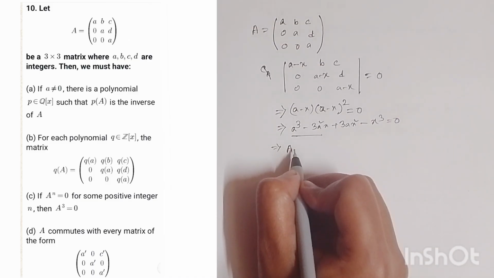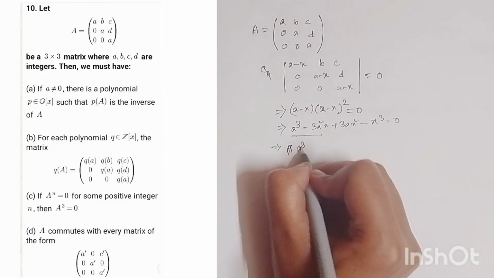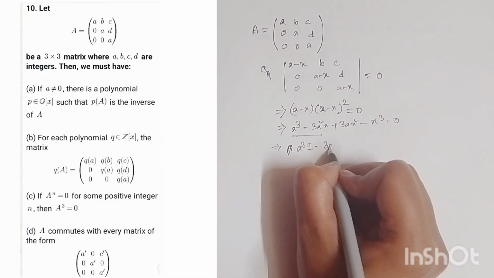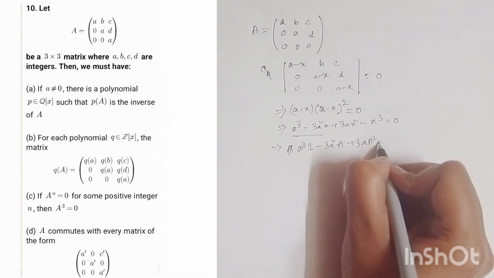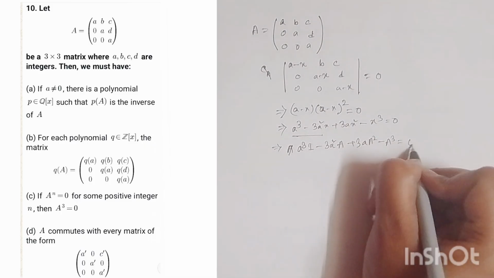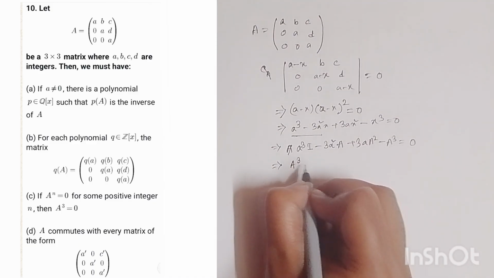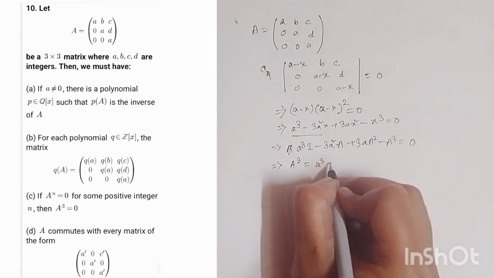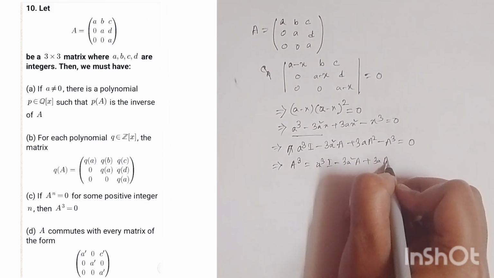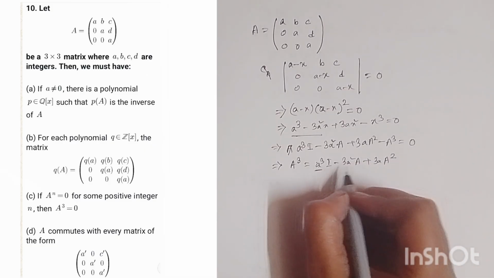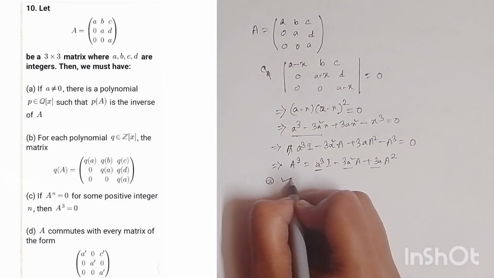So a cube I minus 3a square A plus 3a A square minus A cube equals 0. So from here we write A cube equals a cube I minus 3a square A plus 3a A square. So these are integers. So option A is the correct answer.